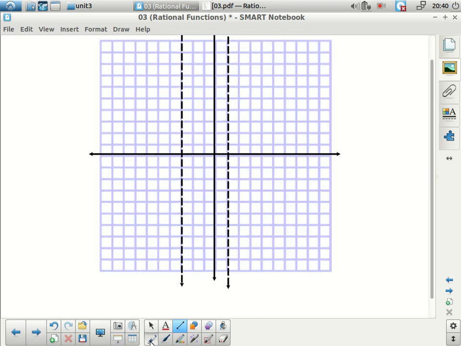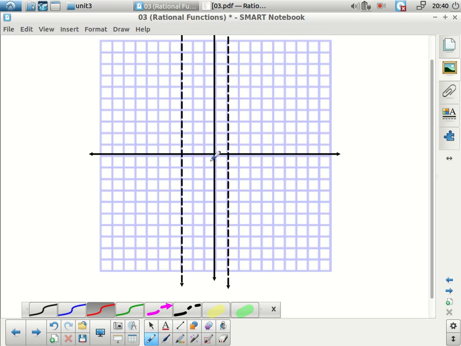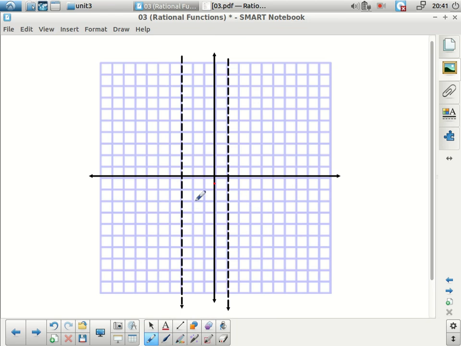We had no x-intercepts. We had a y-intercept at negative 1/3, which would be about here. We had a local max at negative 1 and negative 1/4, so just a little bit above my y-intercept there.